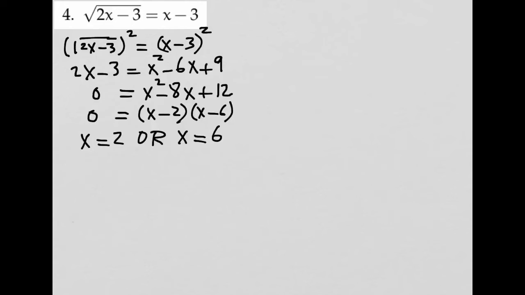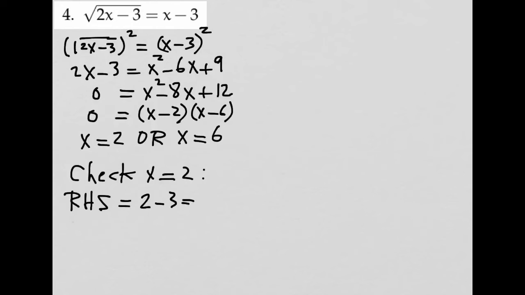Let's check whether these are also solutions of the original equation. Starting with x equals 2. If we plug in x equals 2 in the right-hand side of the original equation, we get the right-hand side equals 2 minus 3, which is negative 1.